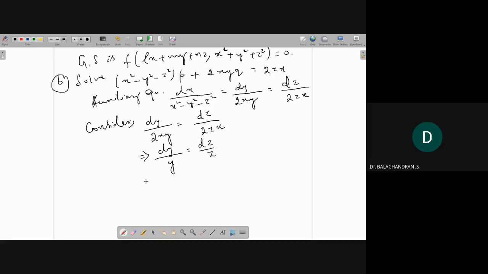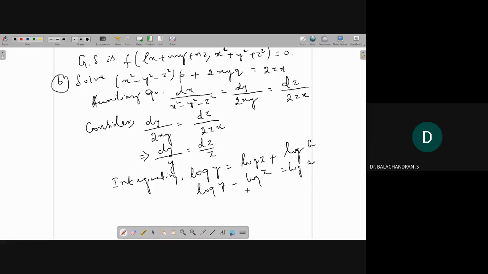Now if we integrate, we'll get log y is equal to log z plus some constant log a, or log y minus log z equal to log a, or log of y by z equal to log a, or y by z equal to a.